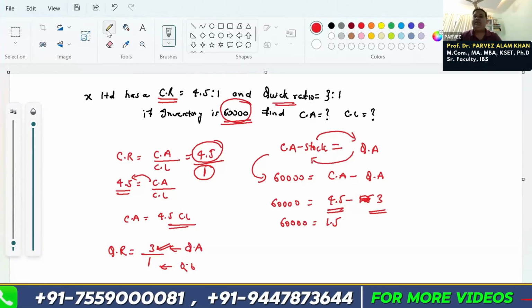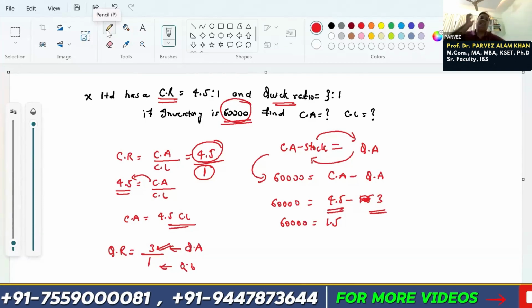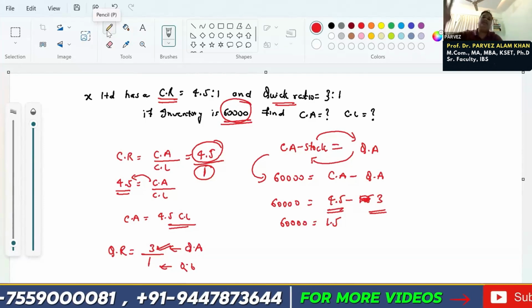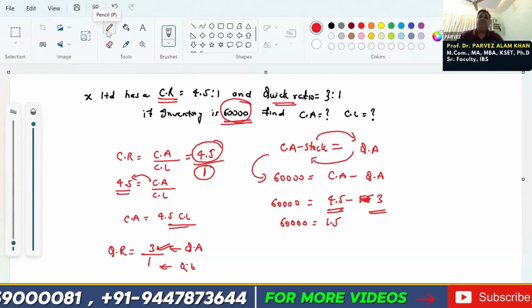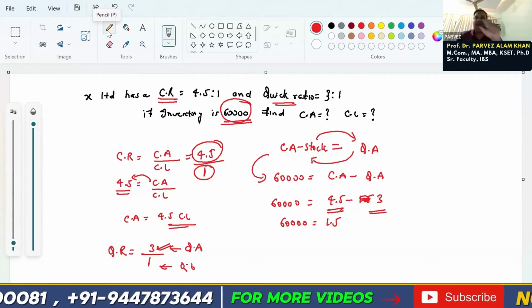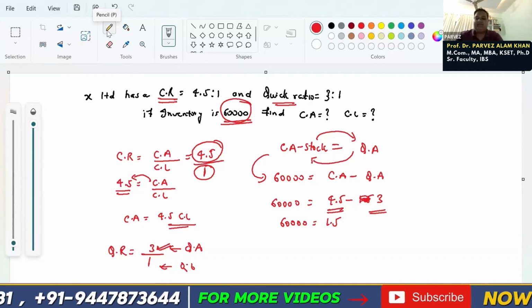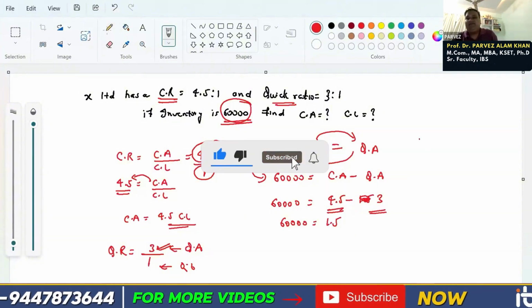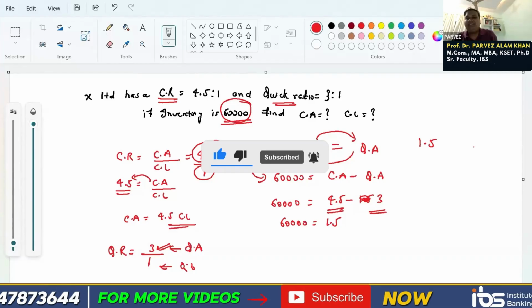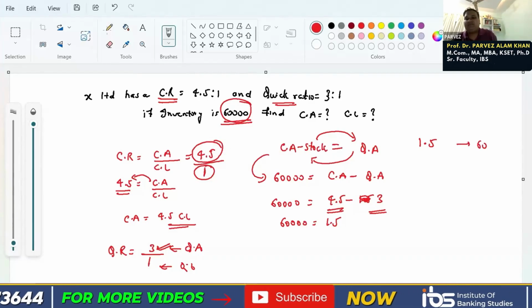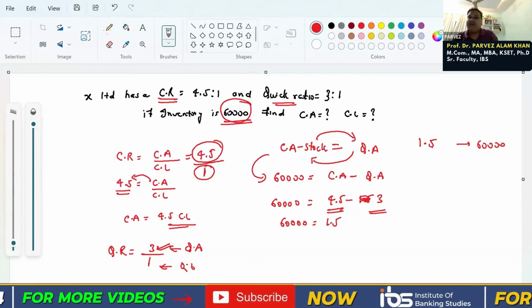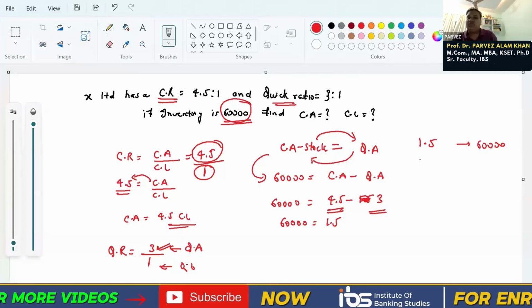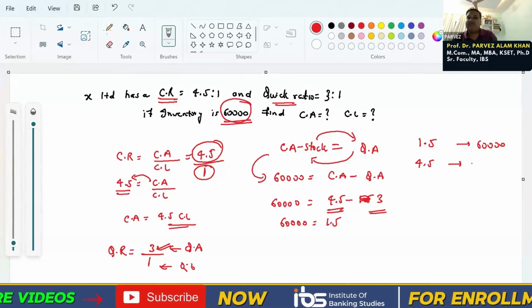So now you know the unitary method, right? Normally we have studied it in our childhood, no? If one apple costs 10 rupees, then 10 apples will cost how much? So what do you do? You cross multiply, right? Similarly, if 1.5 times the value is 60,000, then 4.5 will be how much?